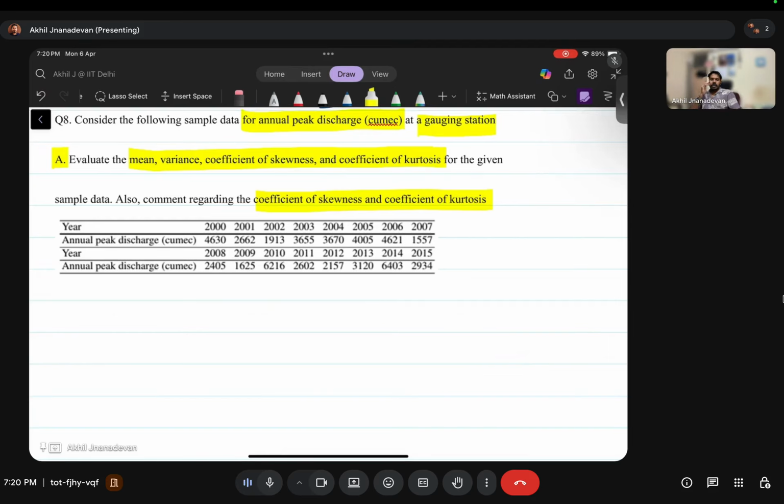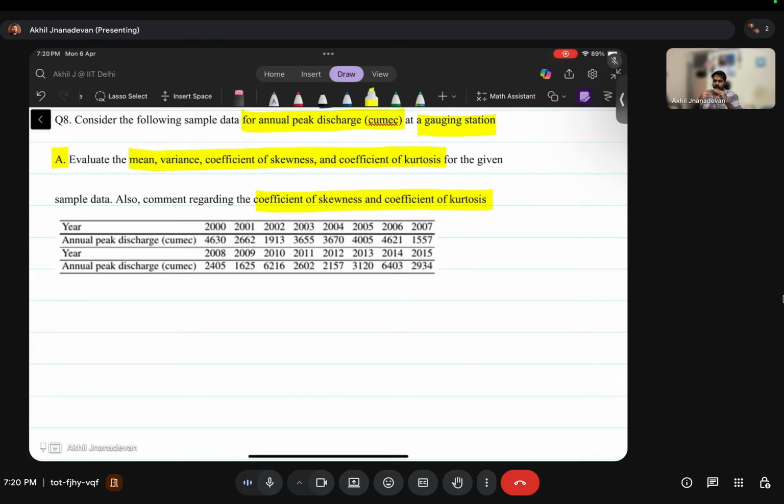Okay, so basically this is where we tackle the concept of descriptive statistics. We are being asked to describe the annual peak discharge in cumecs at gauging station A, we need to describe the data set. We are given a sample of annual discharges from 2000 to 2015, so with these 16 years of data we need to describe. Here, we will be using the measure of central tendency, that is the mean.